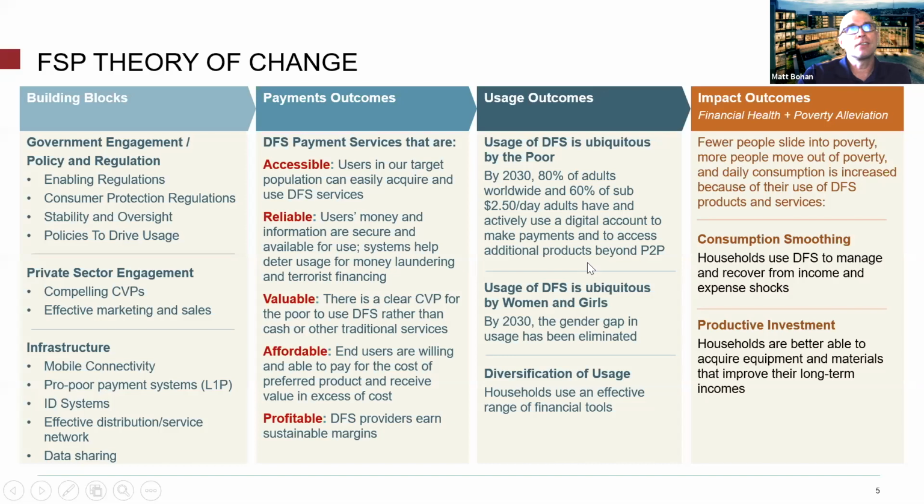In order to get to that, we have what we call our payments outcomes, and it's really about descriptions of the system. The system that will work will be accessible, reliable, and valuable to the users in their regular day-to-day life.